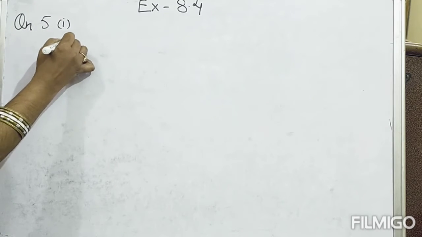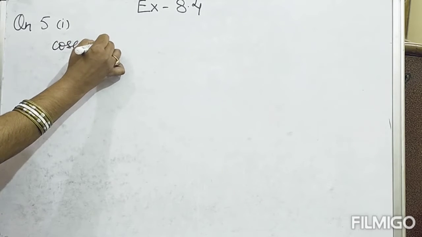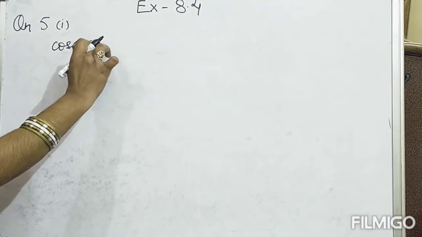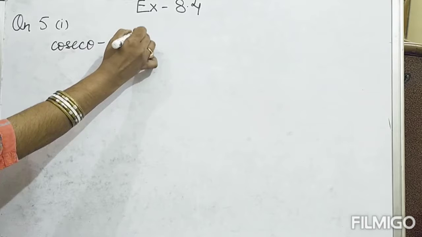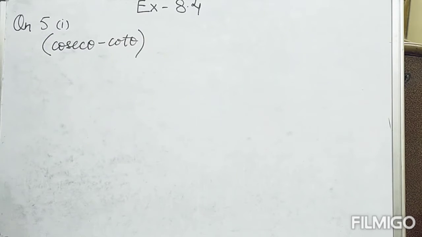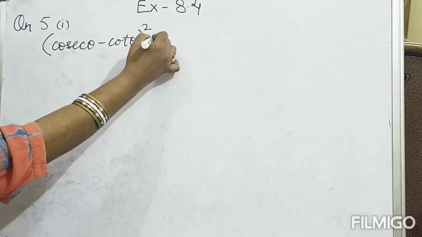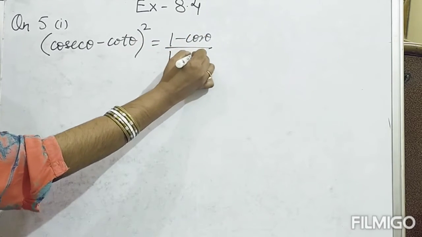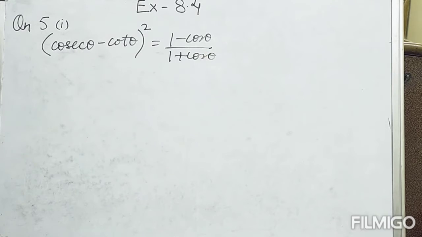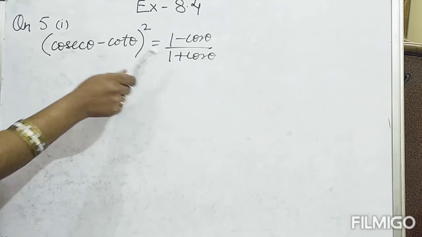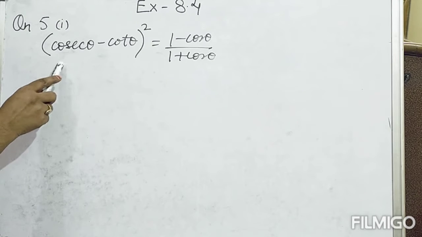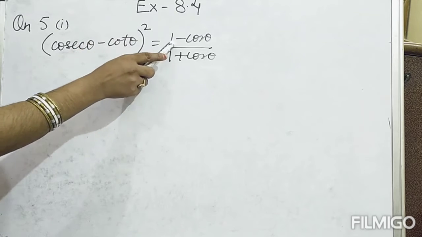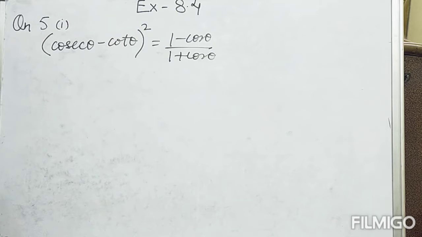Given that (cosec theta minus cot theta) the whole square is equal to (1 minus cos theta) upon (1 plus cos theta), right? So we have to prove this identity here, that (cosec theta minus cot theta) whole square should be equal to (1 minus cos theta) upon (1 plus cos theta).